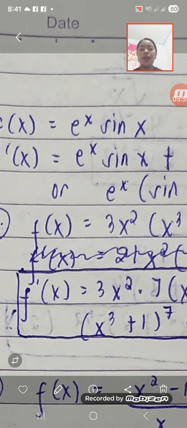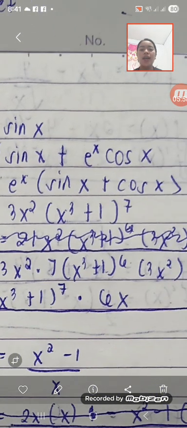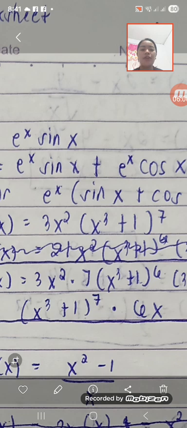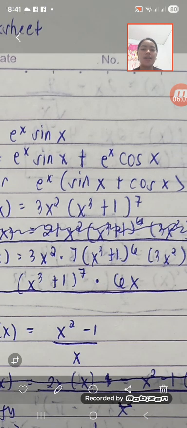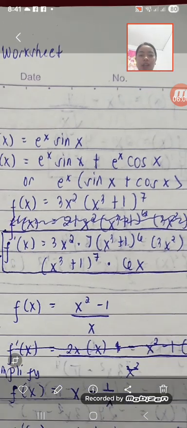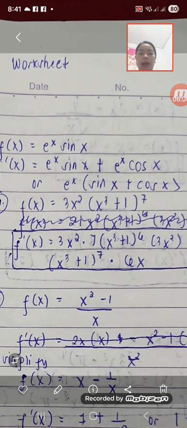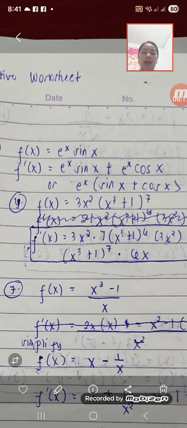That's why we copy e^x sine x, and copy the first function, and the derivative of sine x is cos x according to the trig functions that I've shown you earlier. That's why we come up with an answer f prime of x is equal to e^x sine x plus e^x cos x.